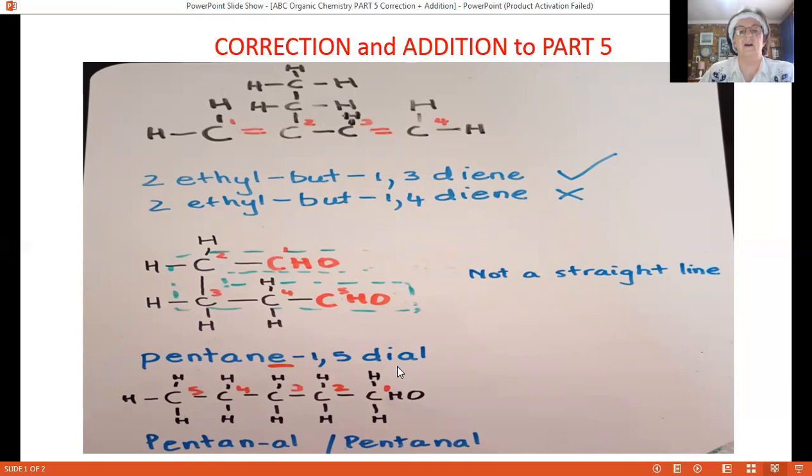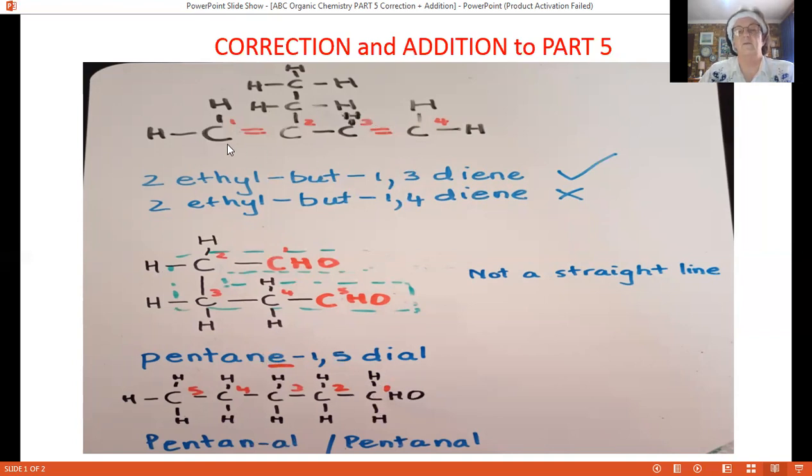So CHO, al. And because it's a double functional group, we do not remove the E. Here we remove the E because there's only one functional group. And remember, if you ever get a double functional group with any of the hydrocarbons, then the second one has to get the lowest carbon number.